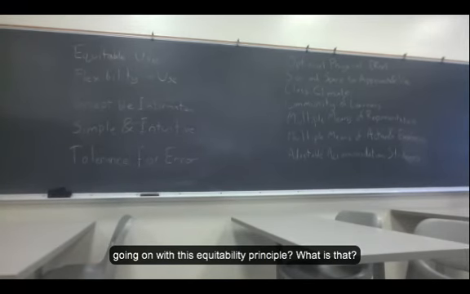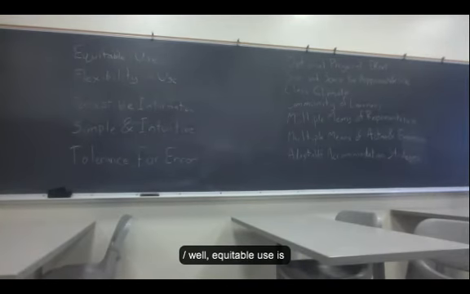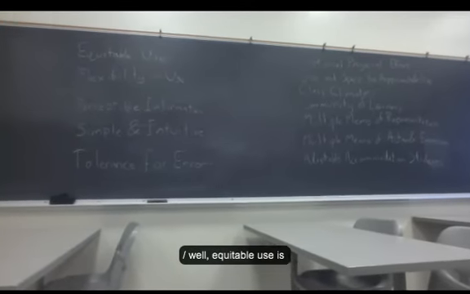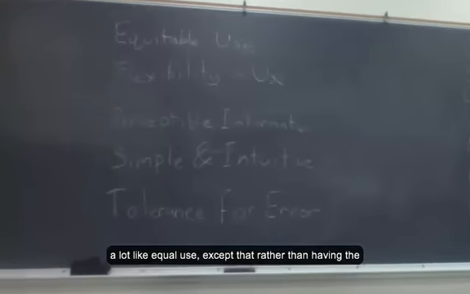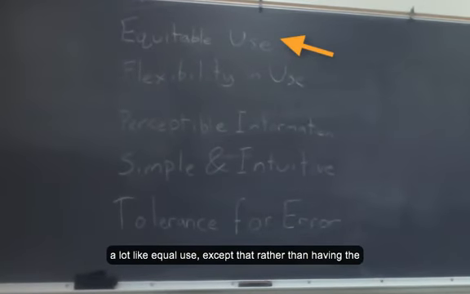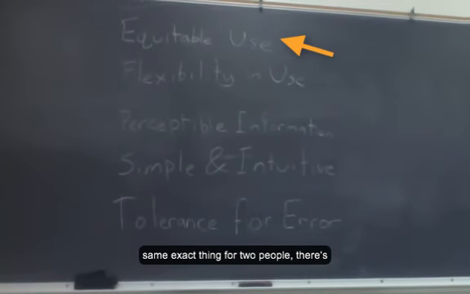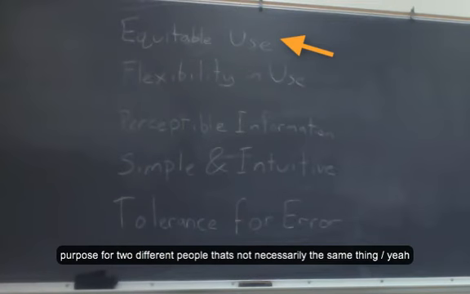What is that? Well, equitable use is a lot like equal use, except that rather than having the exact same thing for two people, there's something that serves the same purpose for two different people, which is not necessarily the same thing.